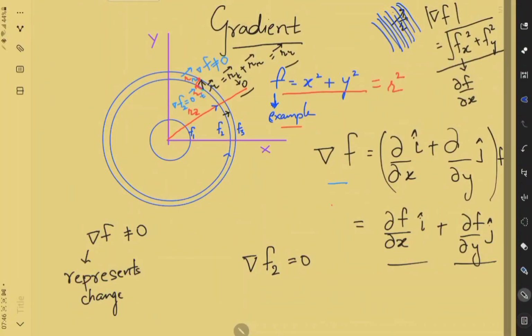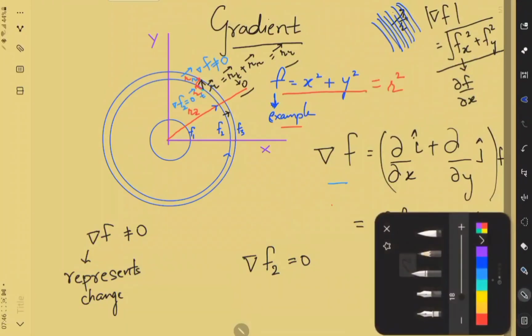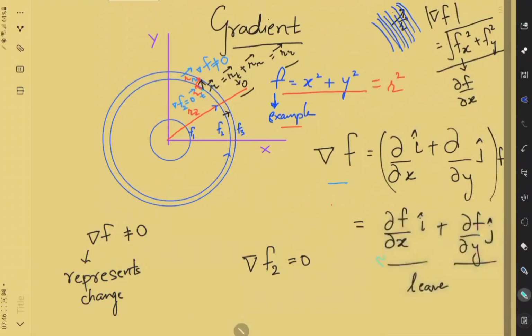If we want to calculate the change in the respective directions, we will leave our calculation here, because it gives the change in the respective directions. This term gives the change in the i direction; in the j direction the function changes this much.